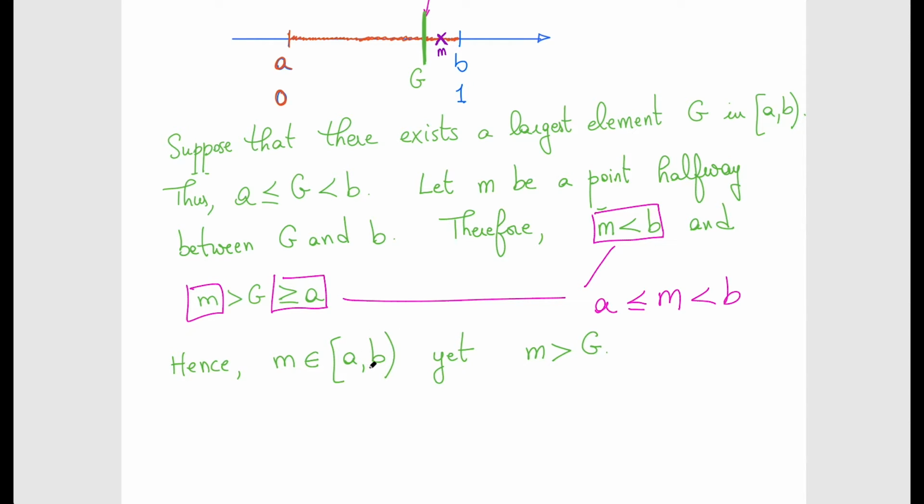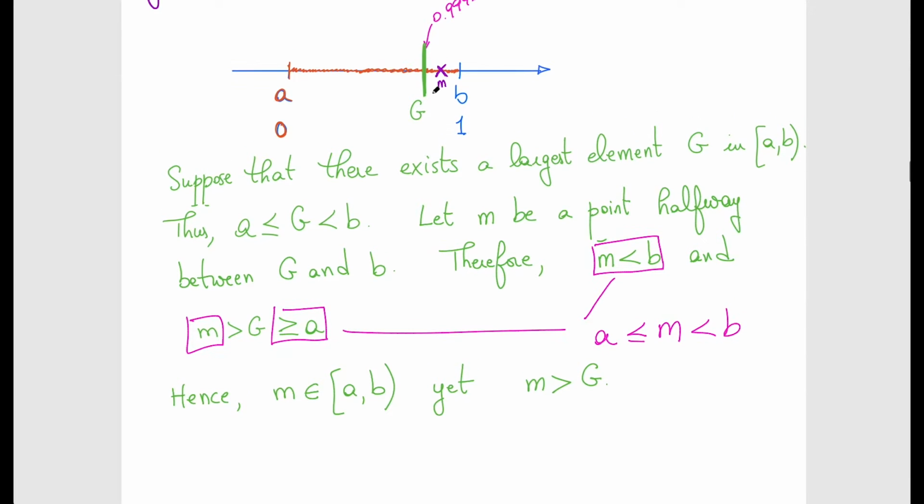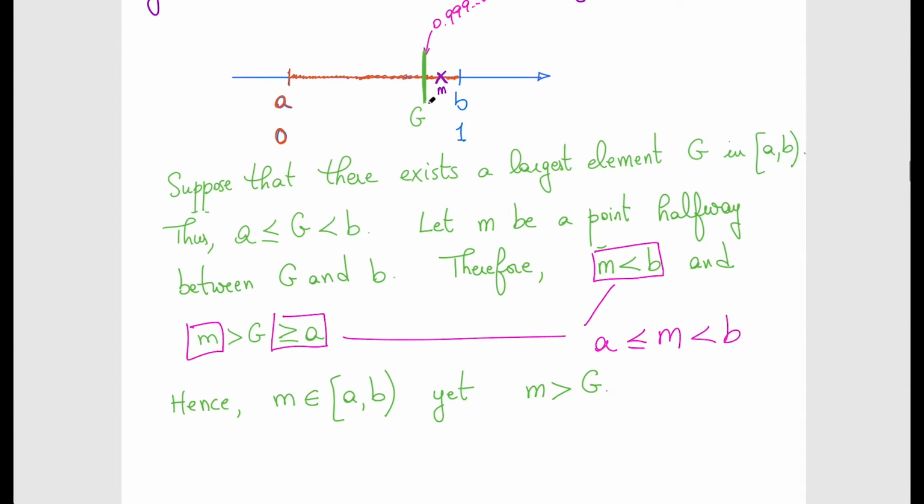So what can you say then? Such a G cannot happen. This contradicts the assumption that G exists. Make sense?